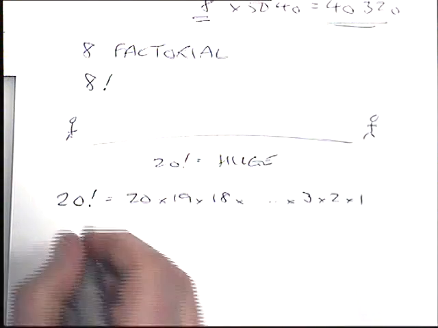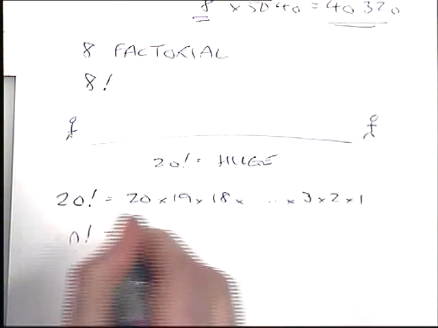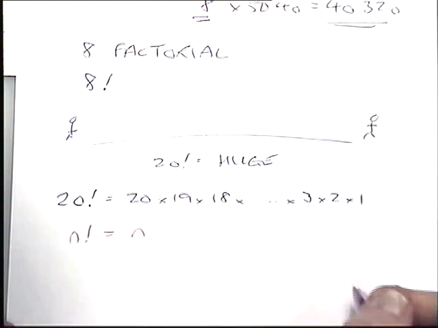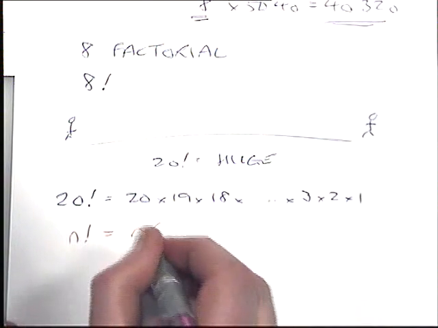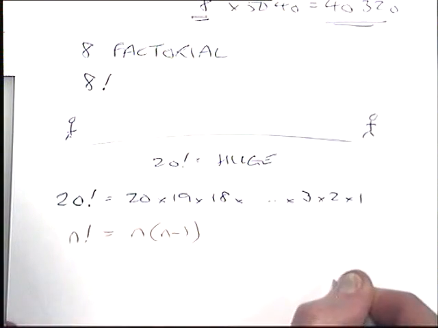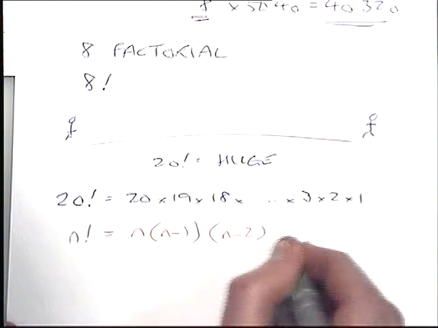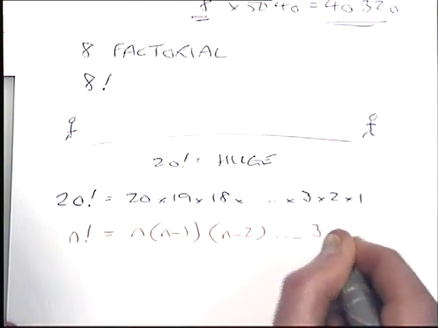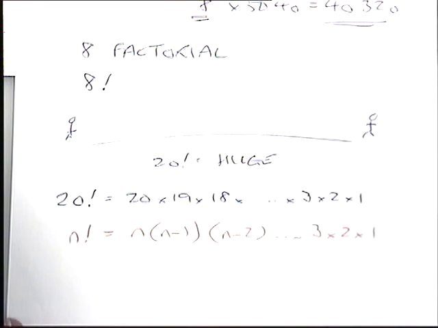Okay. So n factorial is n times by n minus 1 times by n minus 2 until you get down to 3 times 2 times 1. So that's like your red box rule for n factorial.